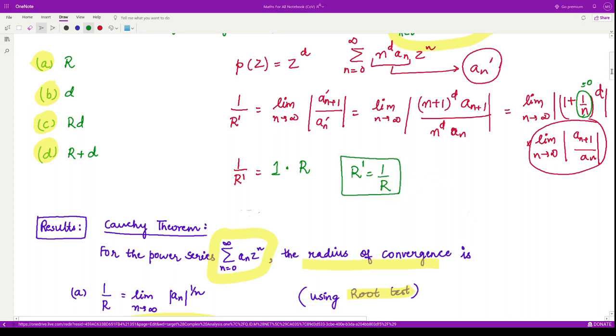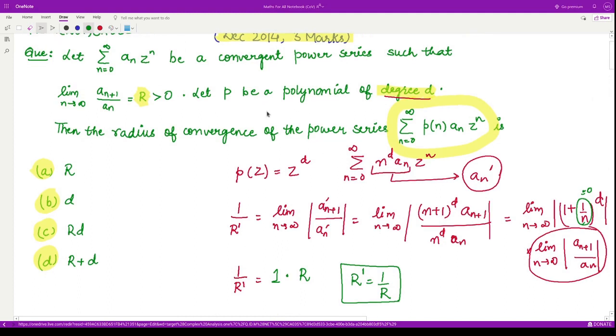But in the options we are given the radius of convergence for this new power series as r, d, rd or r plus d. Out of these, according to me, none of these is the option, because the correct option is that it is 1 by r and not r.